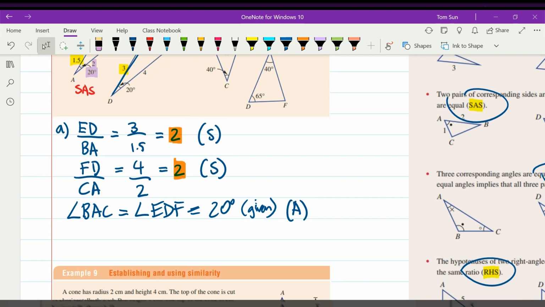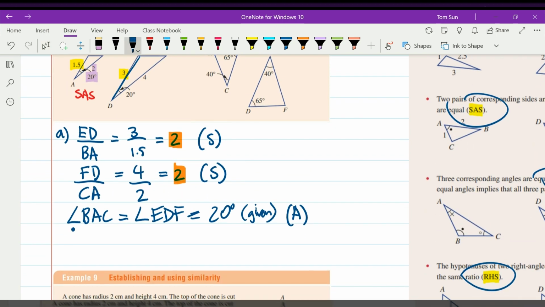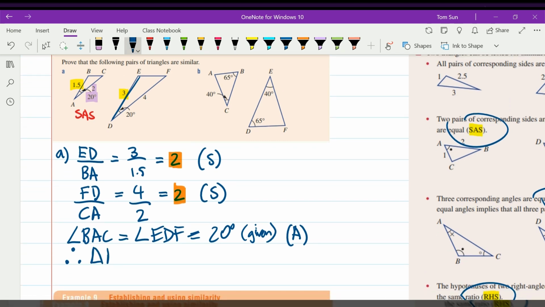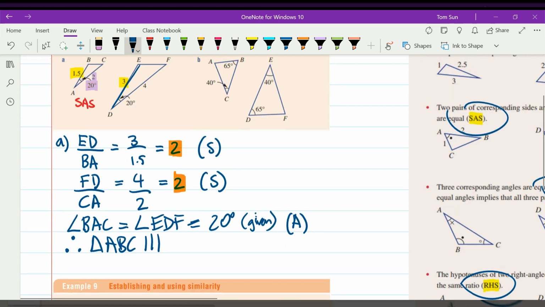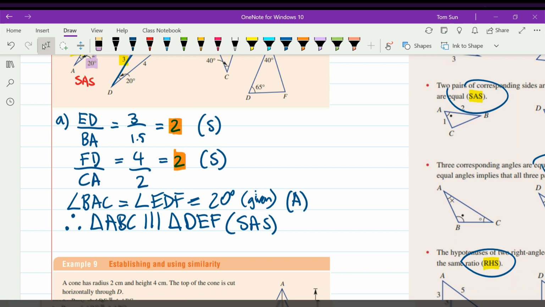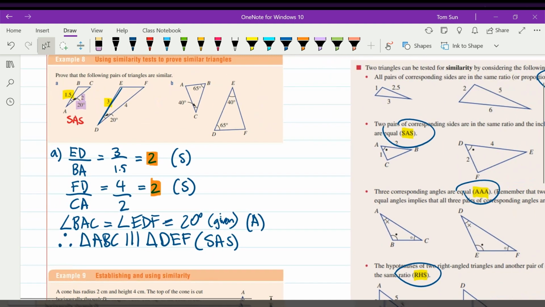So now you've proven, therefore, triangle ABC is similar, remember this is the symbol, to triangle DEF, and then you can put a bracket, SAS completed.